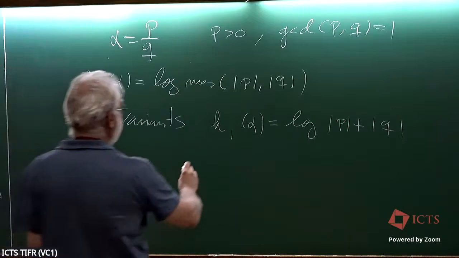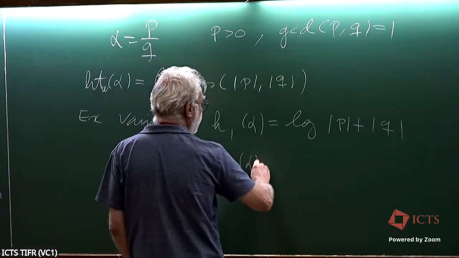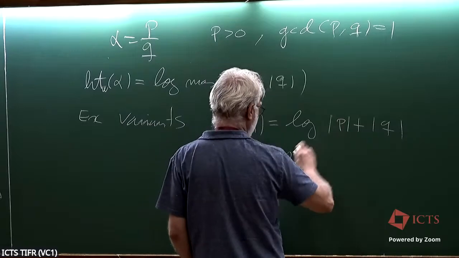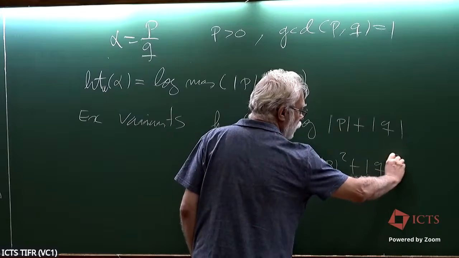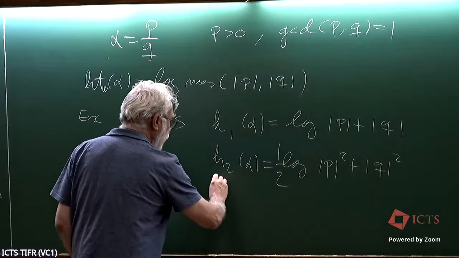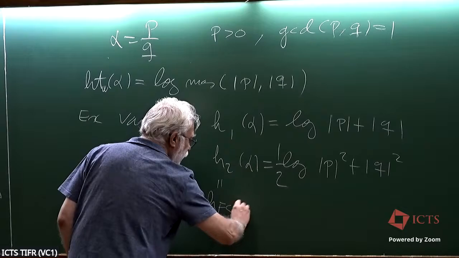Or I can define h2 of alpha to be 1 over 2 log of the absolute value of P squared plus the absolute value of Q squared. This will be the Fubini-Study height, h Fubini-Study of alpha.